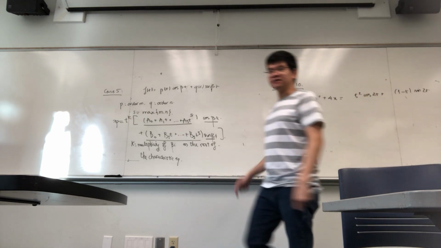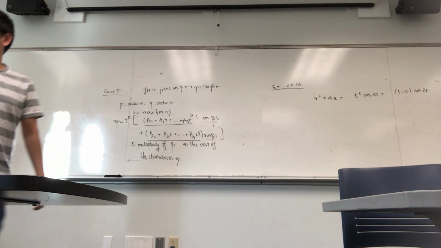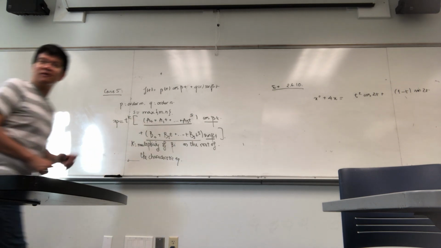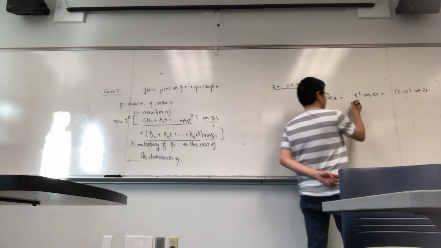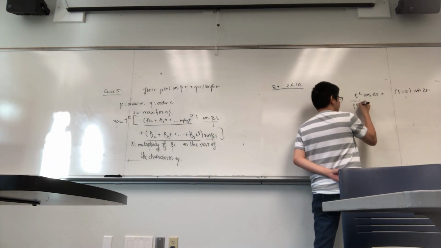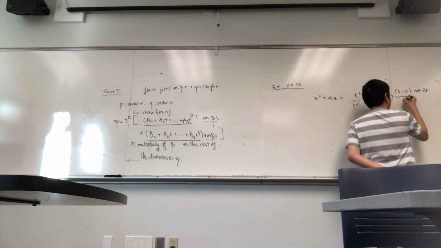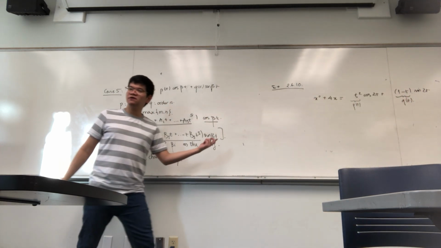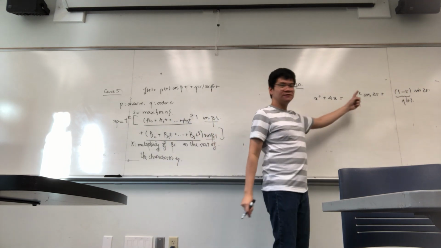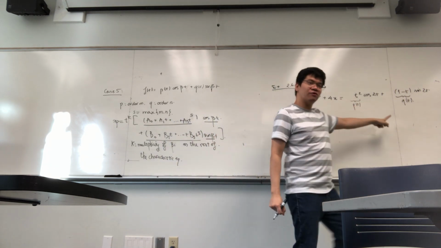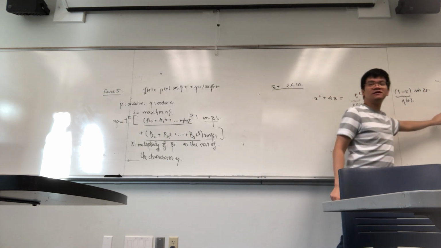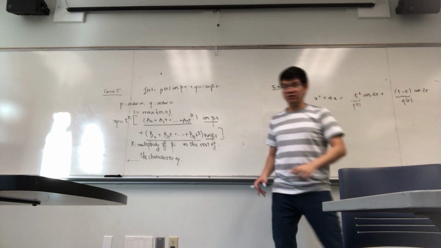What is the s in this case? Yes? s is 2. Right, because here this is p(t), and this is q(t). So you look into the two coefficients of sine and cosine. This gives you one polynomial, and the other one gives you another polynomial.